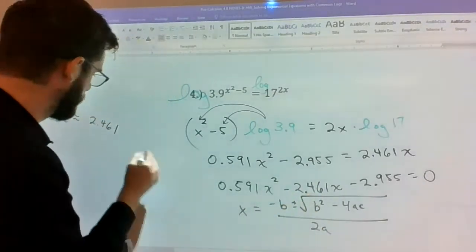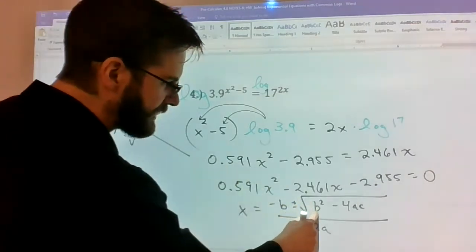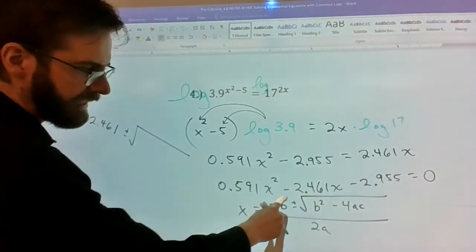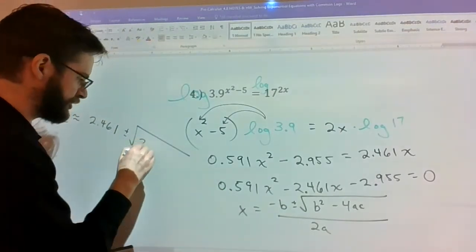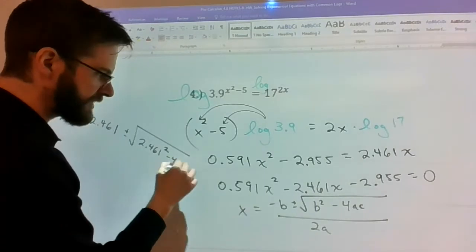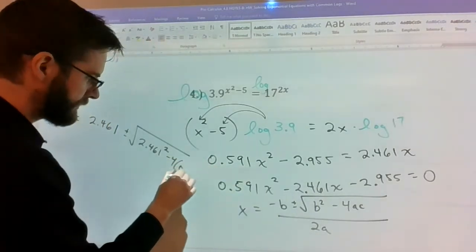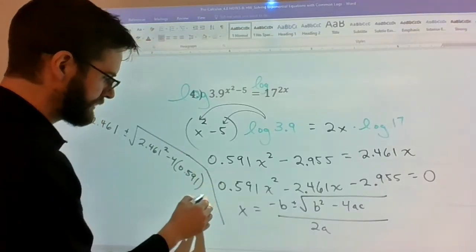It's already negative. Plus or minus the square root of b squared, that's our b term. And since you're squaring it, you can just kind of neutralize that negative. Don't even pay attention to it. Minus 4 times a. See what I mean? This is just, oh my goodness.